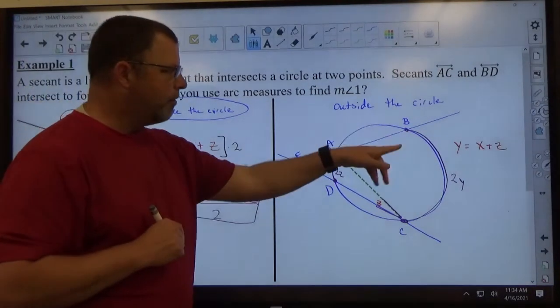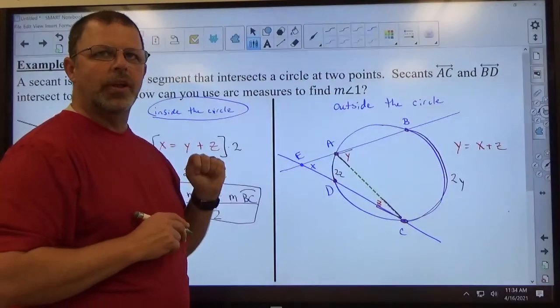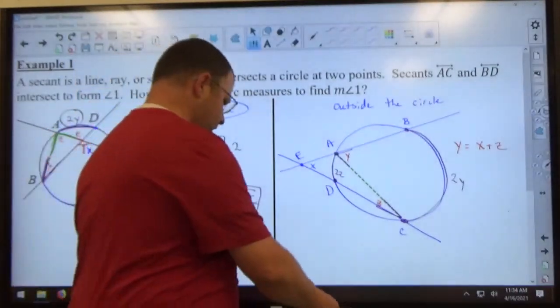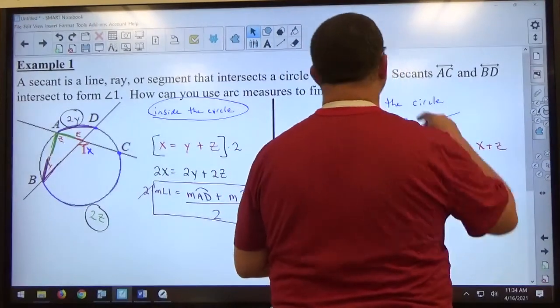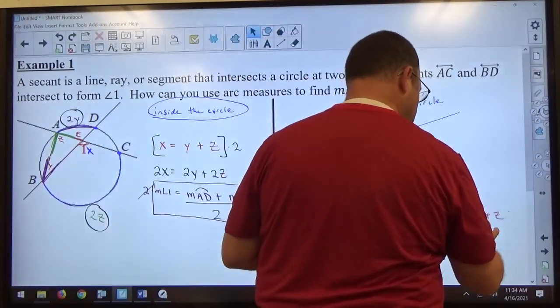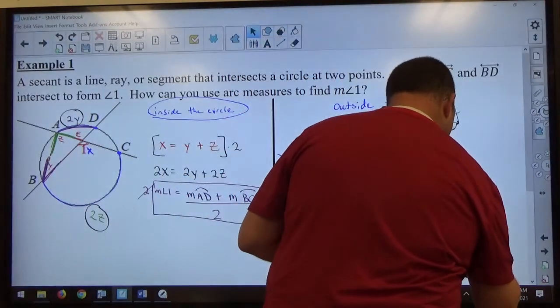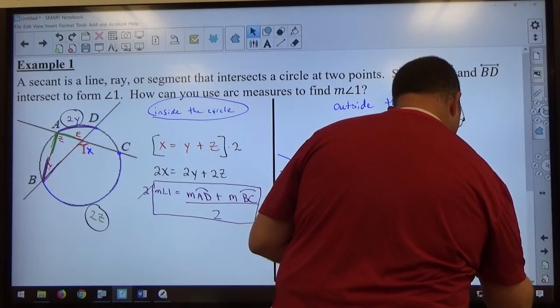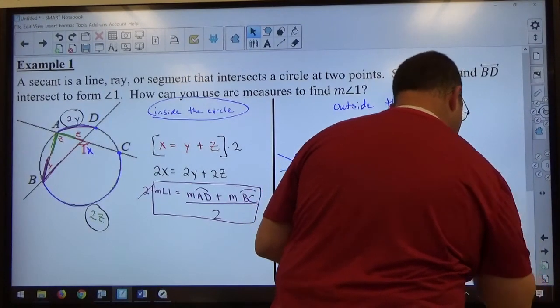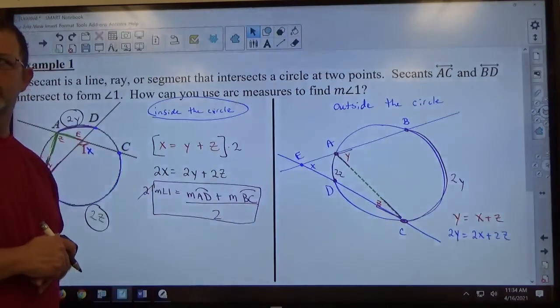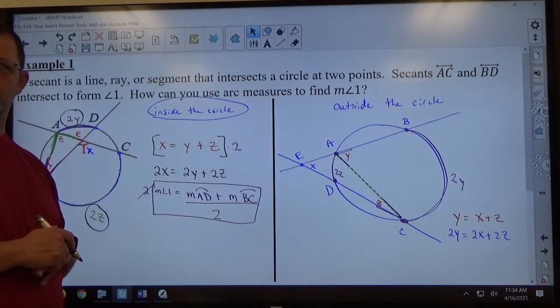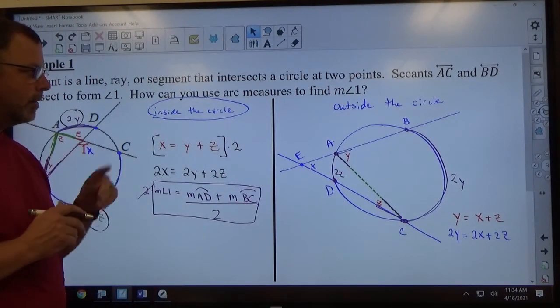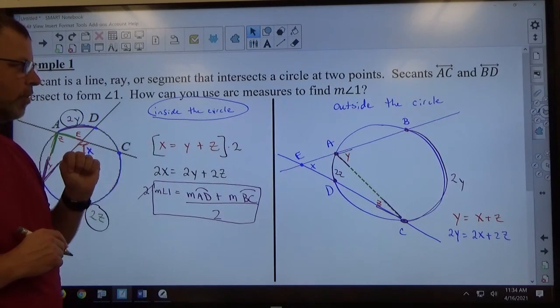Once again, my formula doesn't have 2Y and 2Z in it, so I'm going to double everything. So this is going to say, down here, 2Y equals 2X plus 2Z. Once again, 2Y and 2Z are measures of arcs.